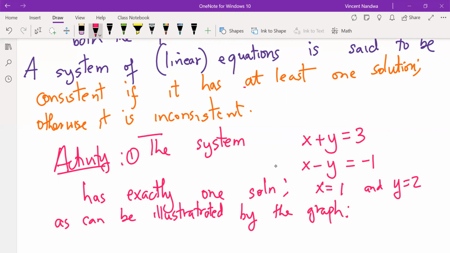So remember, these are just lines. So x plus y equals 3 is the same as the line y equals minus x plus 3.